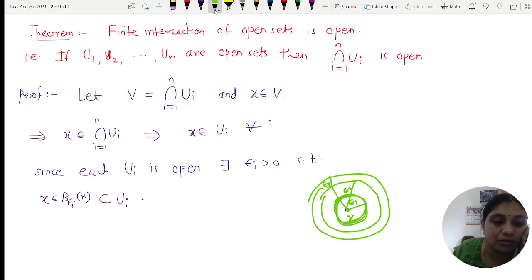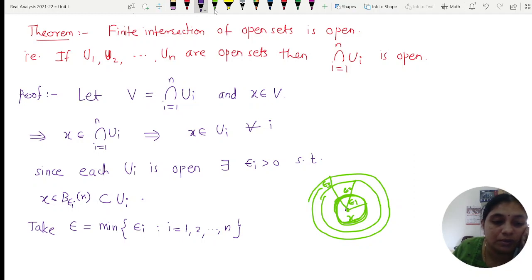So let us take epsilon equal to the minimum of the epsilon i's, i equal to 1 up to n.